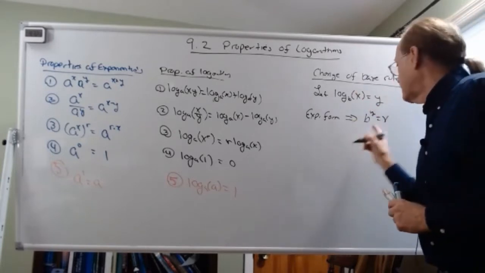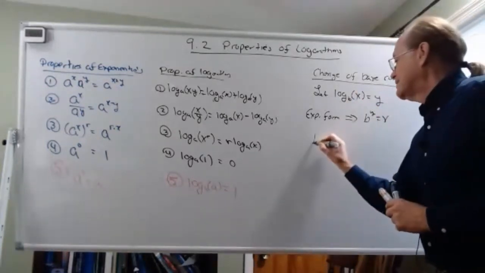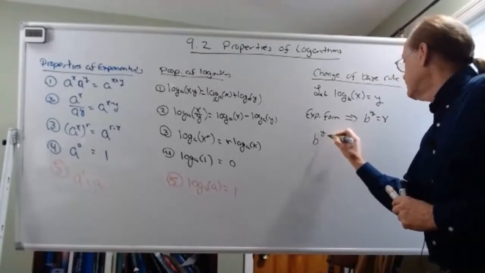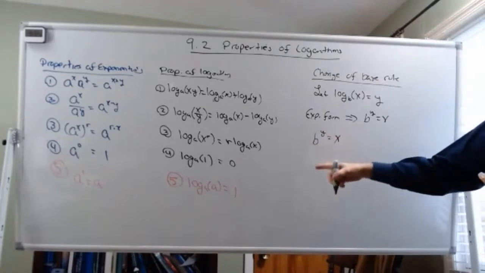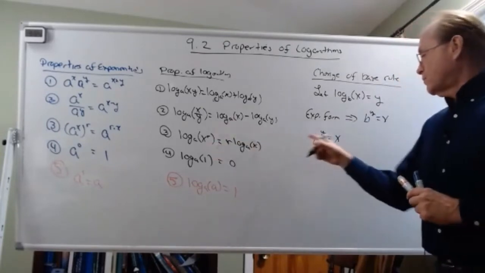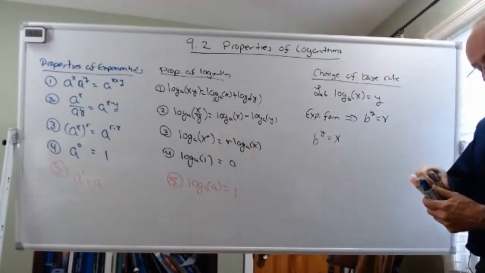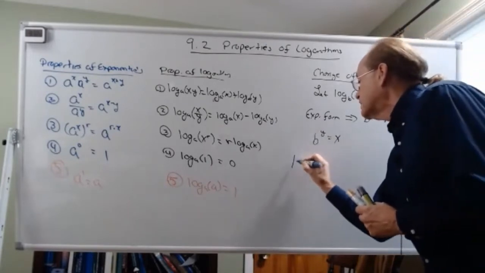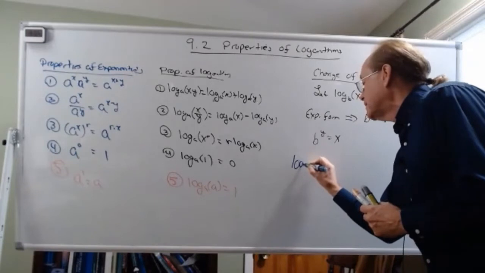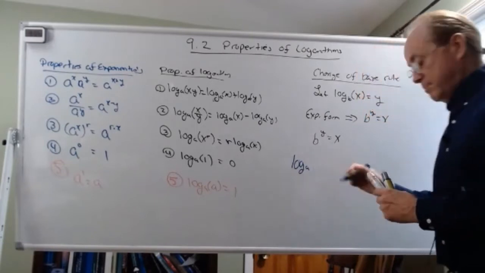So let's start with this now. I've transformed that into this expression over here. And what can I do? Well, I can take the logarithm of both sides of that. So let's do that. I'm going to take the log in the base a of both sides.